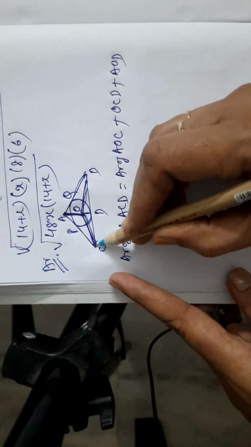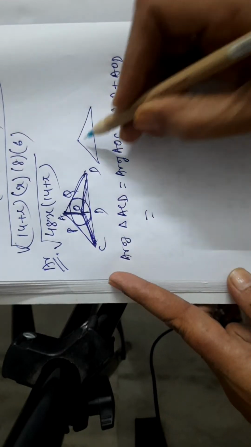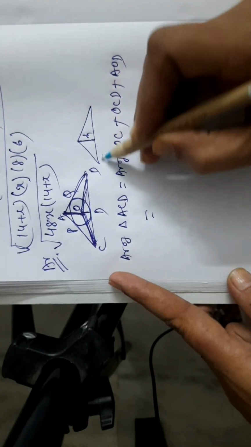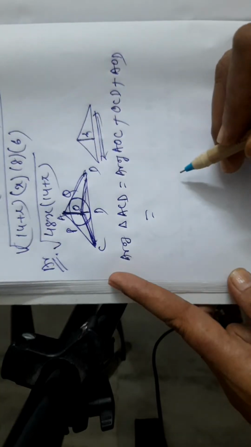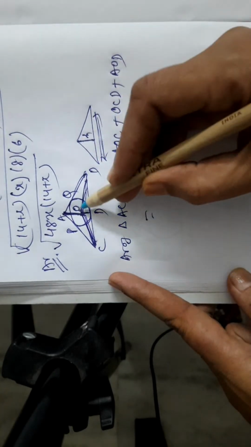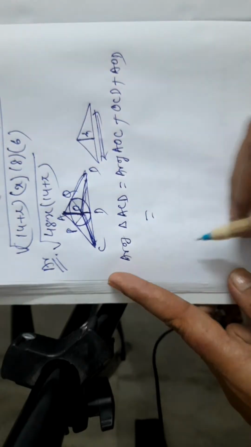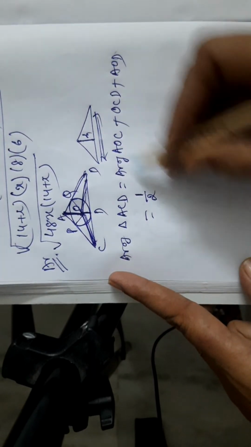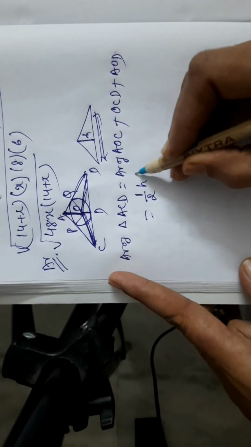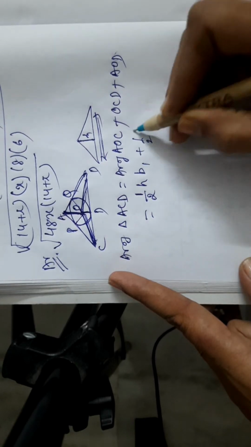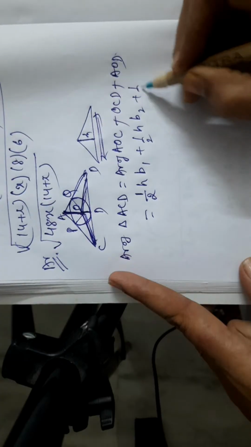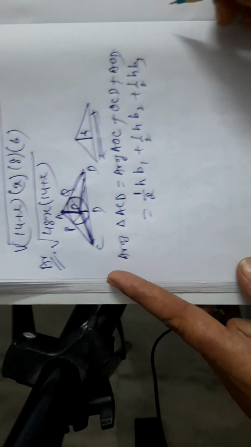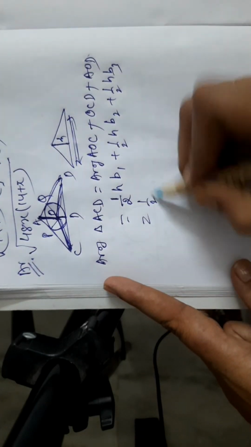This is height and this is base. Height is common in all the 3 triangles as it is the radius. So we'll take it common. Let it be half h, base 1, base 2, base 3. We can take half h common.